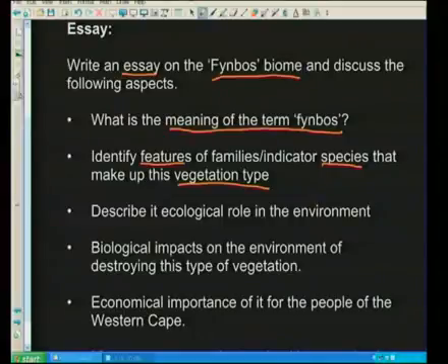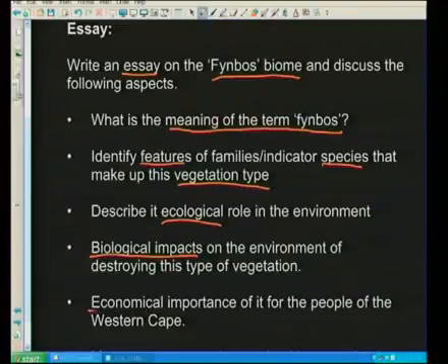Describe the ecological role in the environment. I'm just underlining all the key concepts or keywords of each point. The biological impacts on the environment of destroying this type of vegetation. All right, what impact will it have?